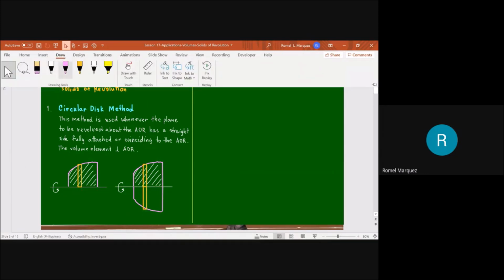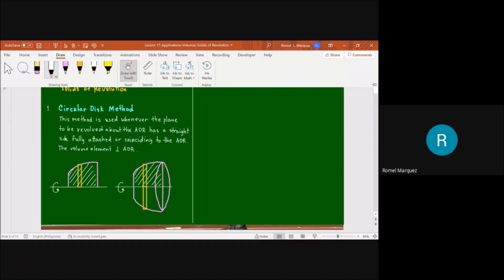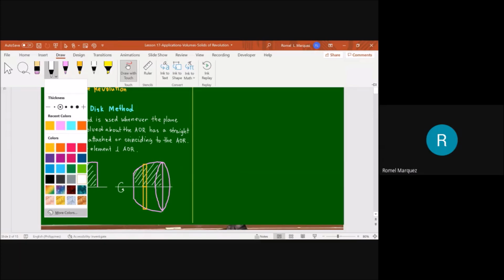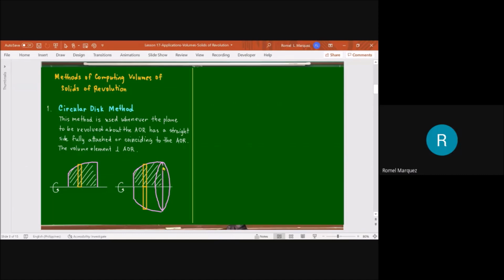And this is what we have. So when rotated, you will be able to form like this. Okay, guys? Of course, let me erase that part. This one, no need for this. Okay? So that is the solid generated.